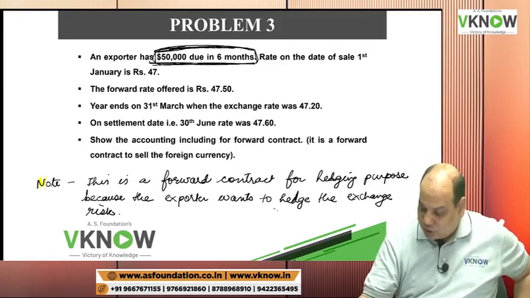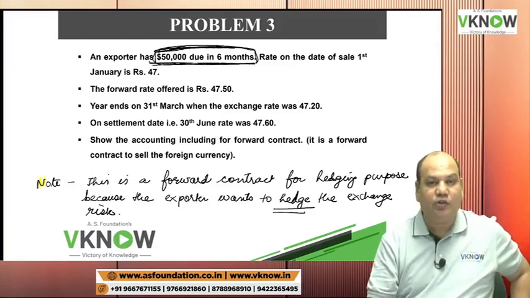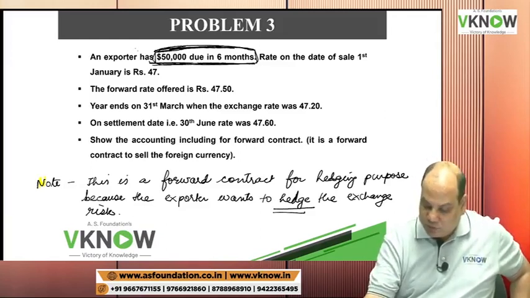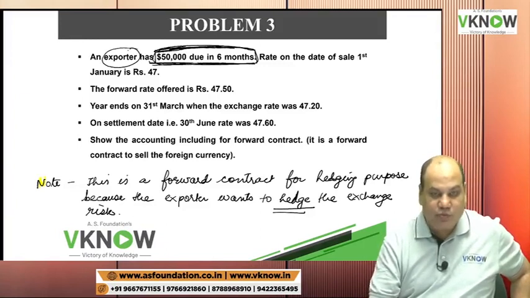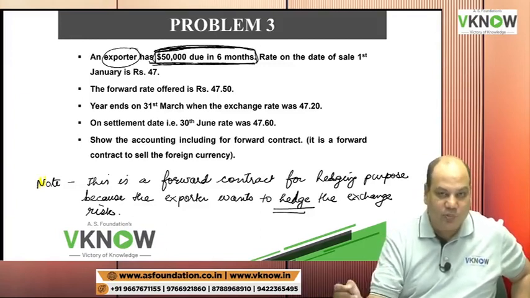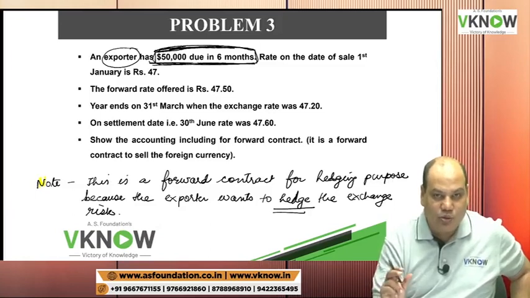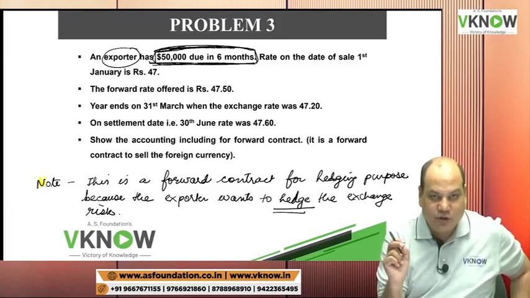Okay. So how do you know in the exam whether it is for hedging? They will mention he is an exporter, he is an importer, he is a borrower, he is a lender, and because of that we are able to estimate that he is hedging his risk.